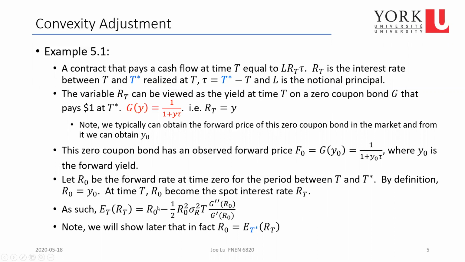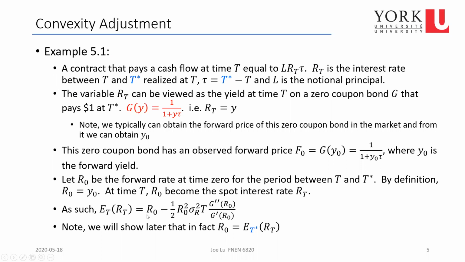Then we will have to adjust this R naught. The reason I use an R naught here is just to be consistent with this initial setup, because we use R_T here. So R_T is the realized rate, and R naught is really the implied rate at time 0. Not the expected rate, the implied rate. The expected rate is the one we try to obtain after the adjustment.